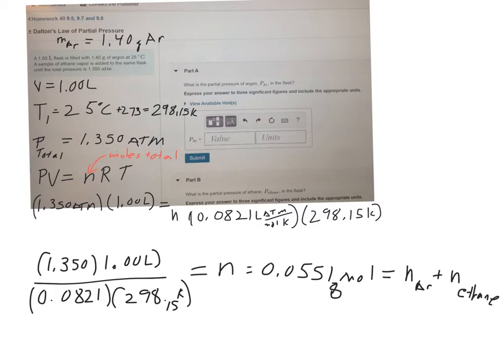Well, I have enough information to get my moles of argon because they gave me my mass of argon right up here at the beginning.